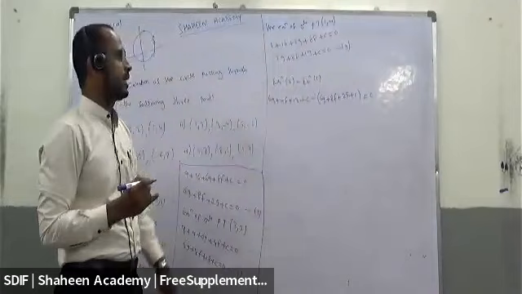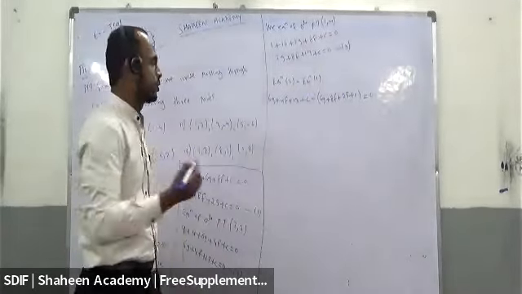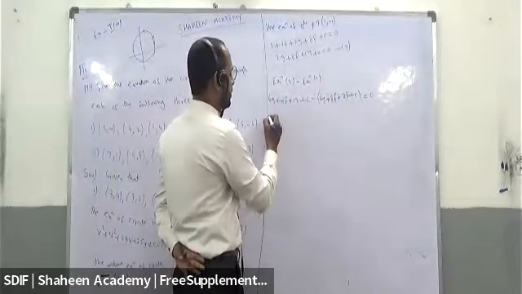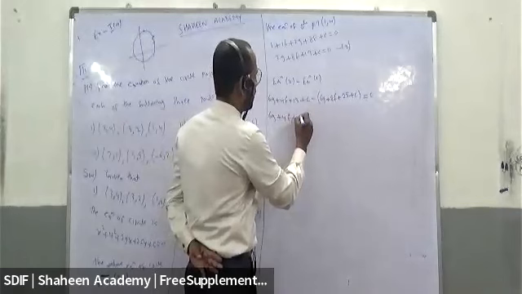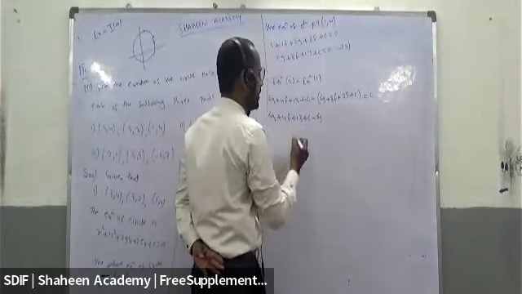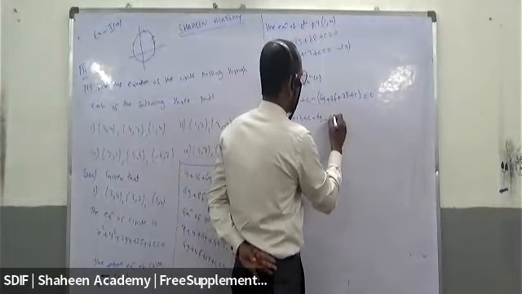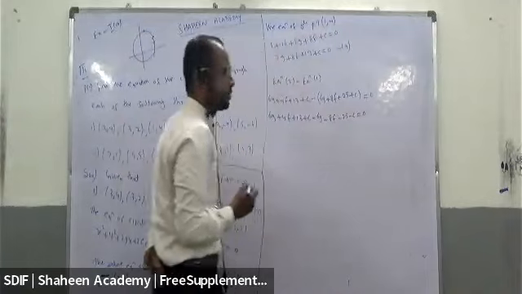Now simplify that by multiplying the bracket with the minus sign. So 6g plus 4f plus 13 plus c, minus 6g, minus 8f, minus 25, minus c is equal to 0.